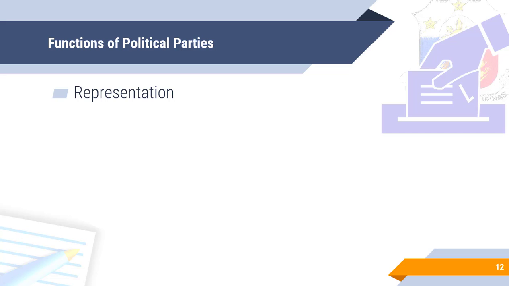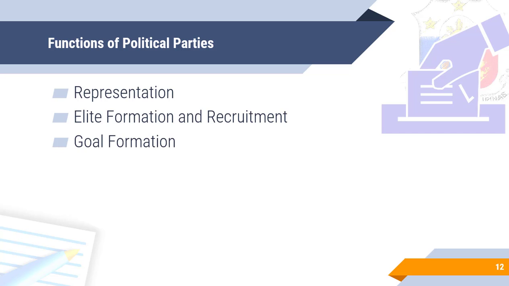Second, elite formation and recruitment. Political parties provide a training ground for politicians. It is through these groups that politicians become equipped with skills, knowledge, and experience needed in carrying out their functions. Parties then provide leaders for the state. Goal formation.